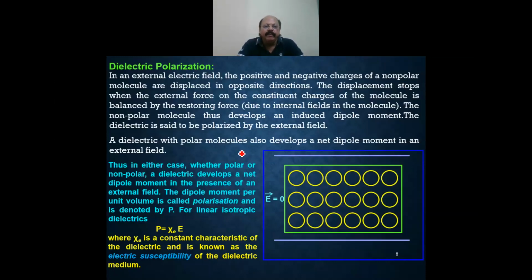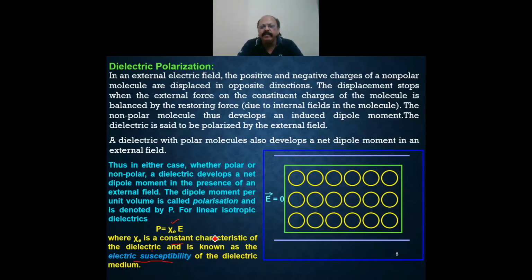To remove the proportionality sign, we require a constant, and that constant is known as chi E. This chi E is known as electric susceptibility, which is a constant characteristic of the dielectric. In other words, it is the electric susceptibility of the dielectric medium.